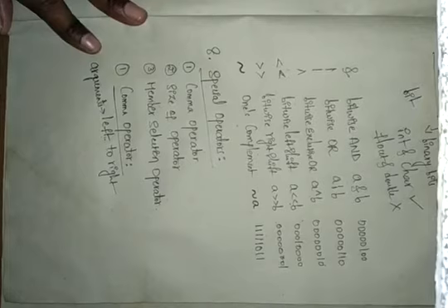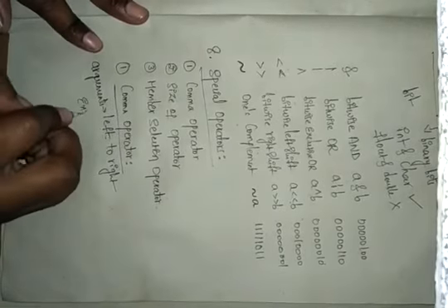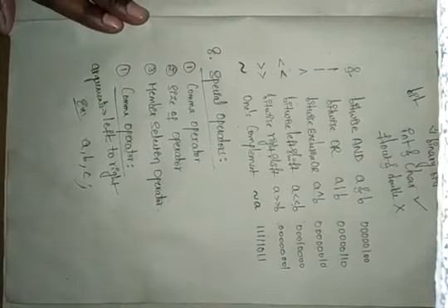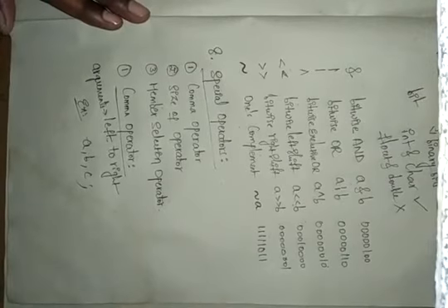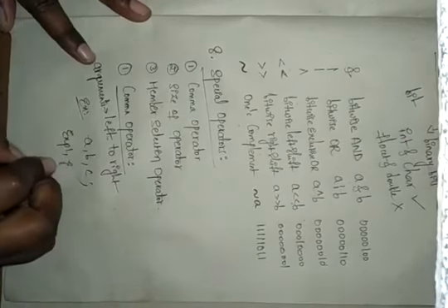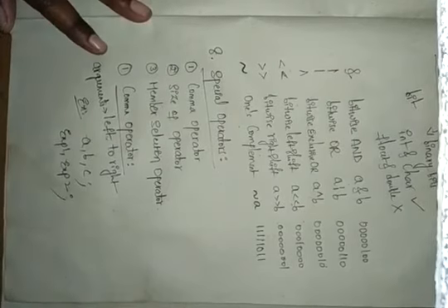For example, for the comma operator you can take a comma b comma c, or else expression 1 comma expression 2. You can give the semicolon.